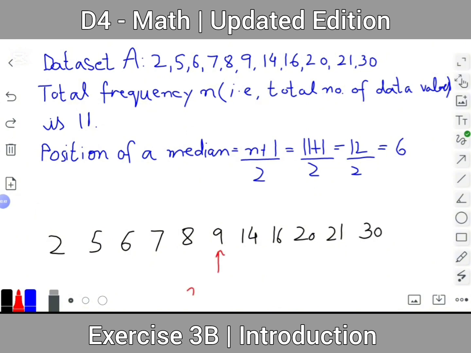Here we will mark the median. That's why the median is 9.